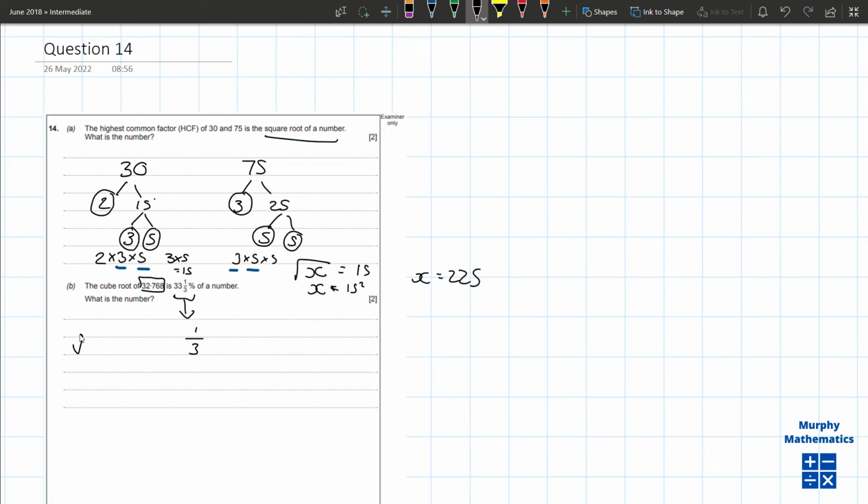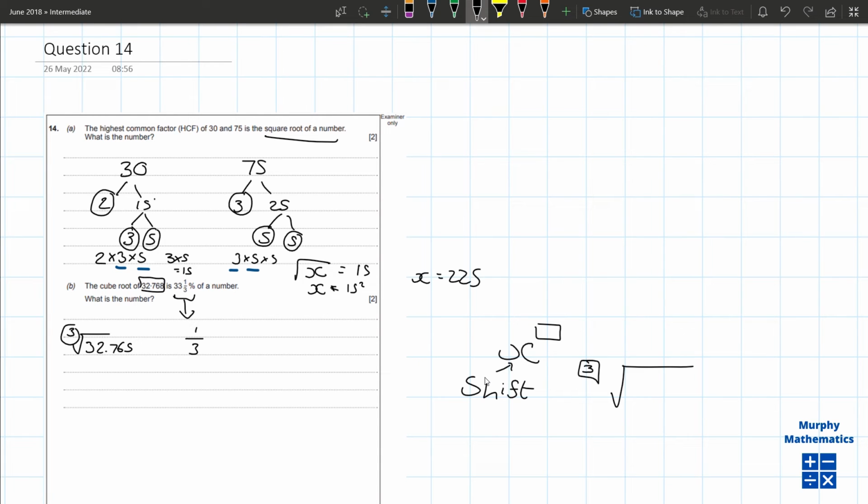So if we cube root, we're not going to have a regular square root. So cube root of 32.768. If you don't know this one, on your calculator, if you press shift and press that button, you'll get a box and a square root, and that's where your 3 goes.